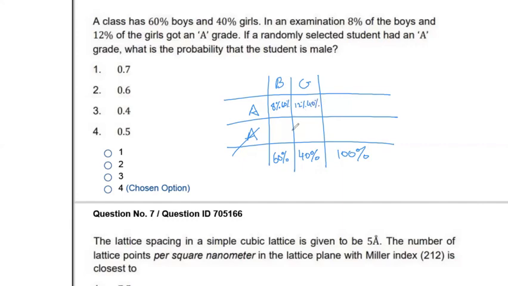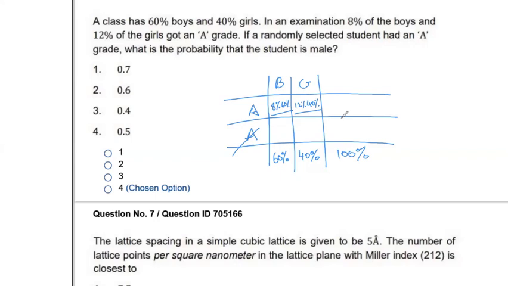If a randomly selected student had an A grade, what is the probability that the student is male? So I think since everything is in percentage, my answer will be in percentage if I simply add these two numbers, because that's what they want.